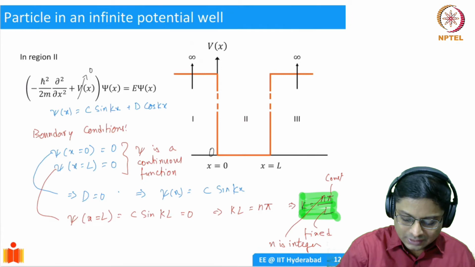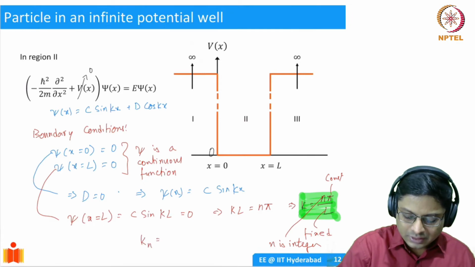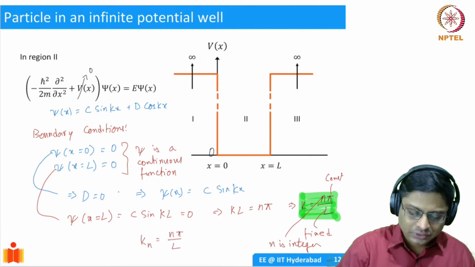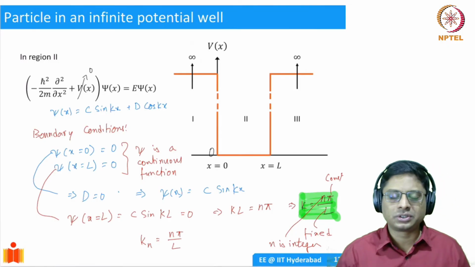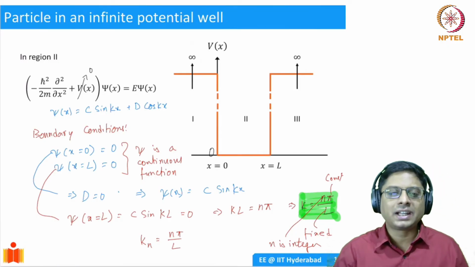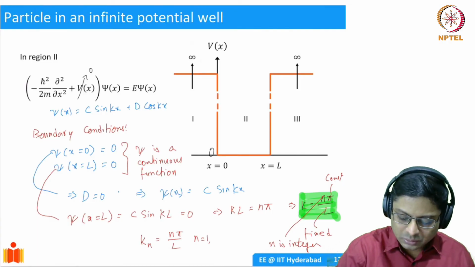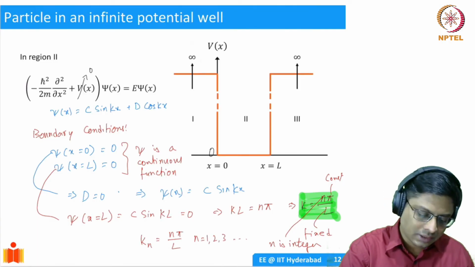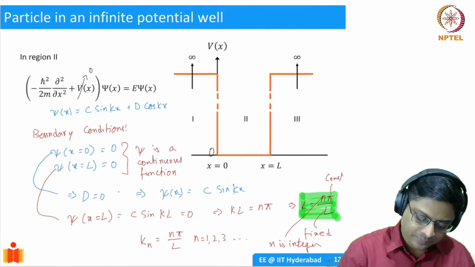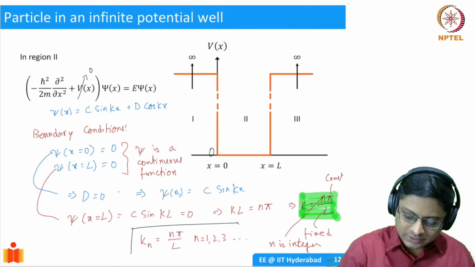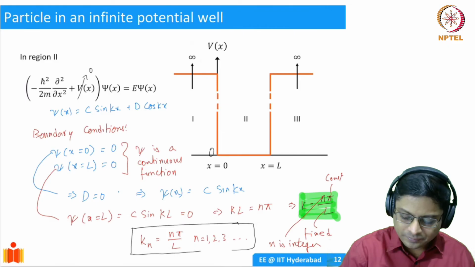So we write it as Kn equal to n pi by L. It's the same k, but when we write Kn, we are saying there is a discrete n equal to 1, 2, 3, and so on. This is the discreteness that has come about in k.